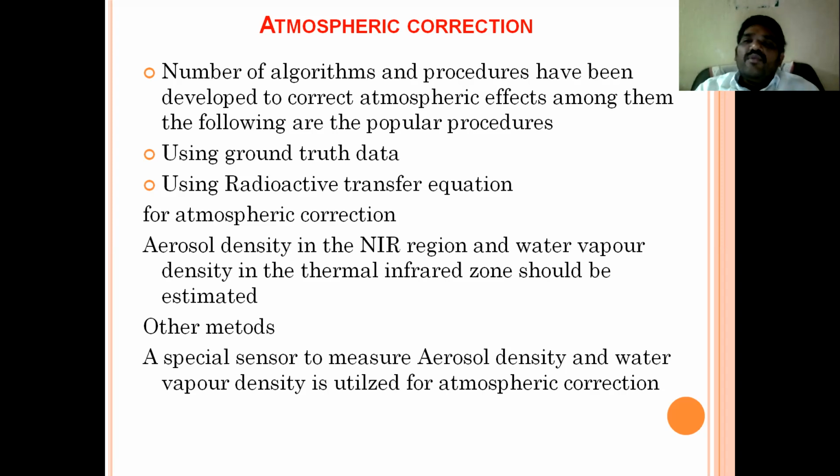How can we remove those interferences? A number of algorithms and procedures are there to remove the atmospheric flaws. The first one is ground truth data. Ground truth means seen evidence, in another word.